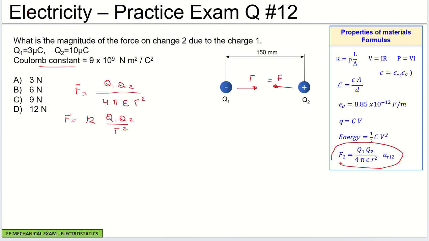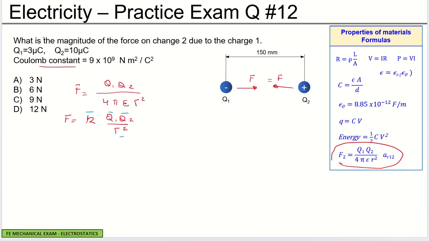This is a much easier formula: we have the Coulomb constant, Q1, Q2, and the distance. If you remember this, it's easy to relate the formula that is in the handbook to the one that is not in the handbook.